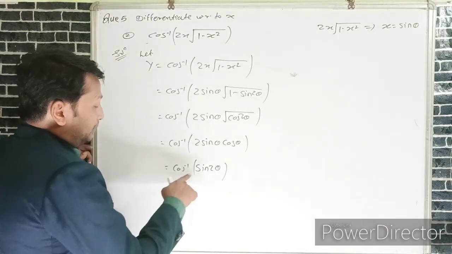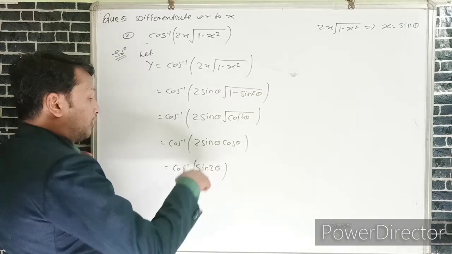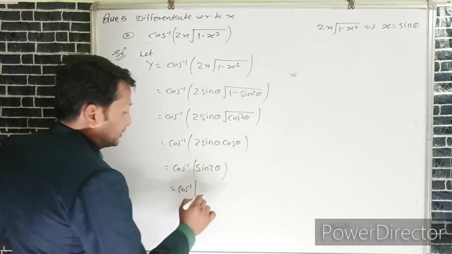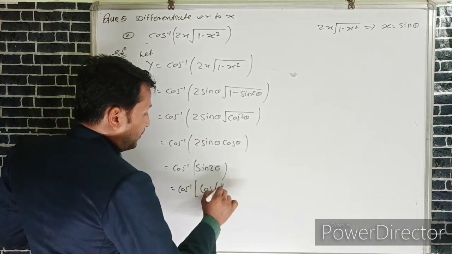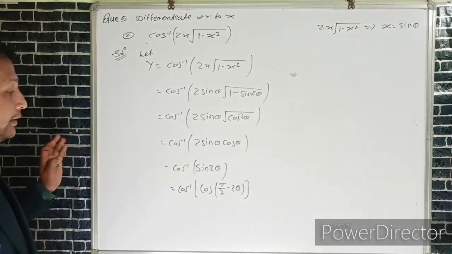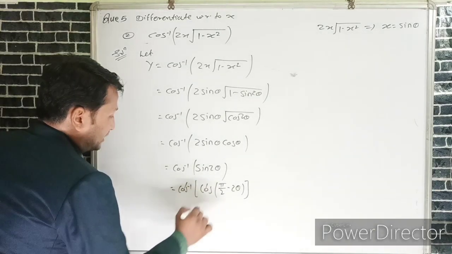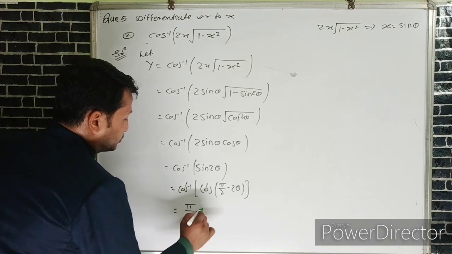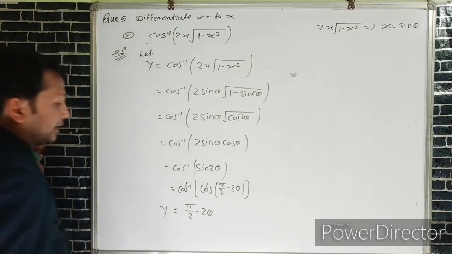Here, if we write sin 2 theta in the form of cos, we can write cos inverse of pi by 2 minus 2 theta. Now cos inverse and cos cancel, and we can write pi by 2 minus 2 theta, which is the value of y.